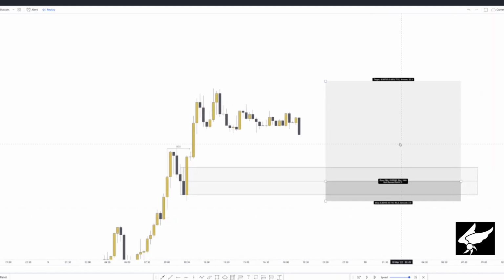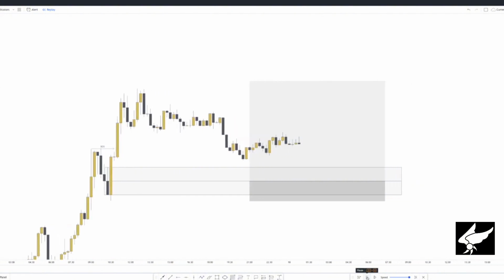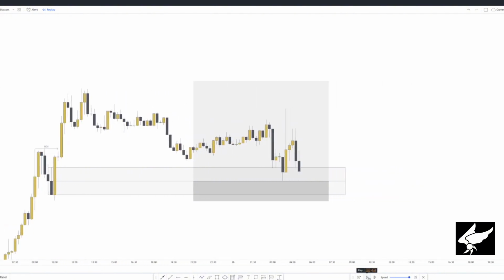So now that we have our order set here, the dark gray is our stop loss, the light gray is our profit region, the very top being our full take profit at 5R. Let's play this out and see if we get triggered in and see if it plays out in our favor. Okay, so that probably wouldn't have tapped us in.